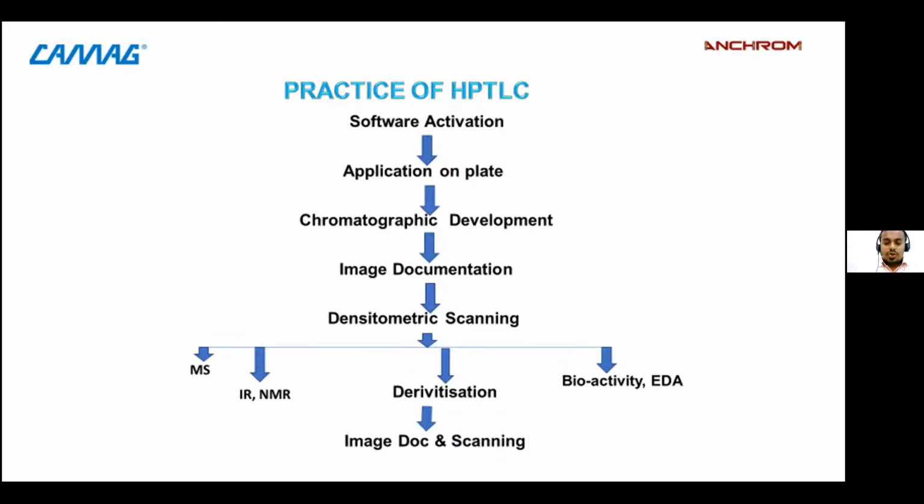After the scanning is over, this is a non-destructive technique, so the components remain on the stationary phase, so that you can use them for further study, that is bioactivity, effect directed analysis. You can take that particular separated analyte to MS, you can take it to IR, NMR also, and if required, you can go for derivatization. And if derivatization is performed, you need to go for photo documentation and scanning again.